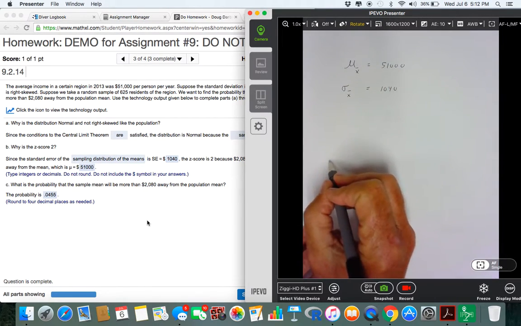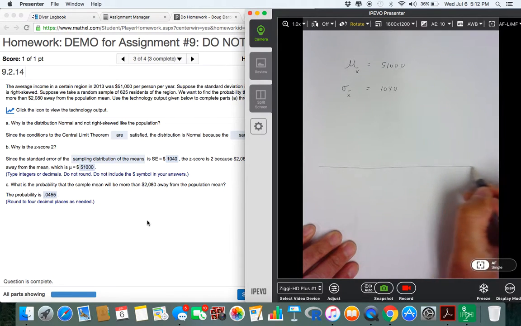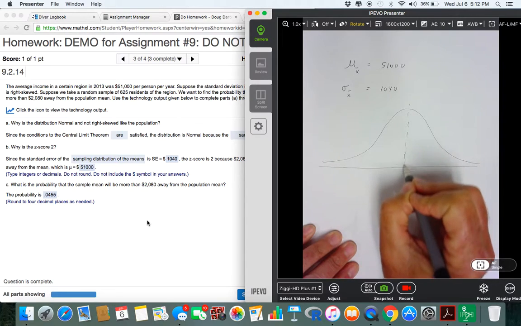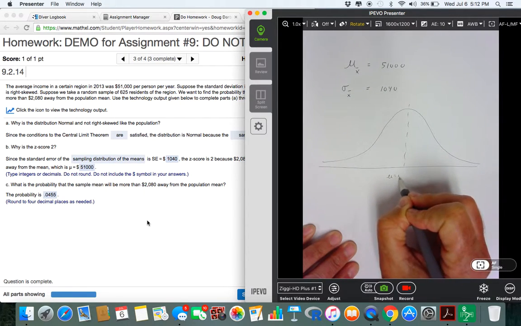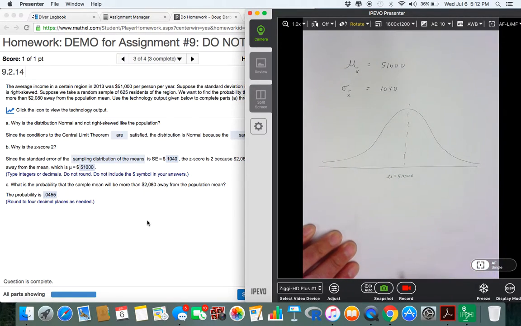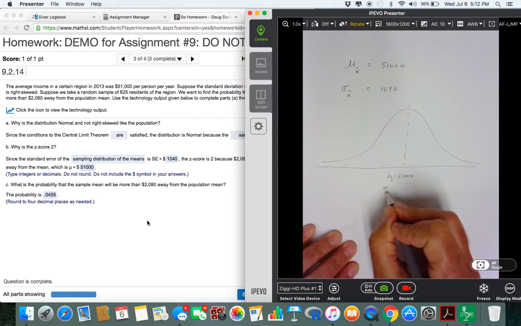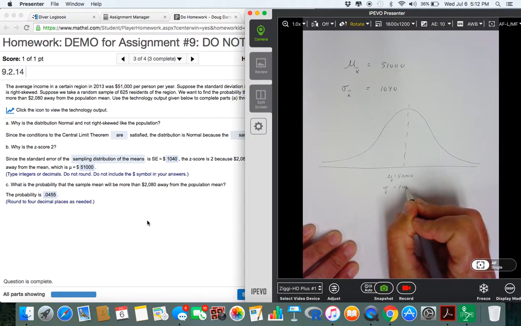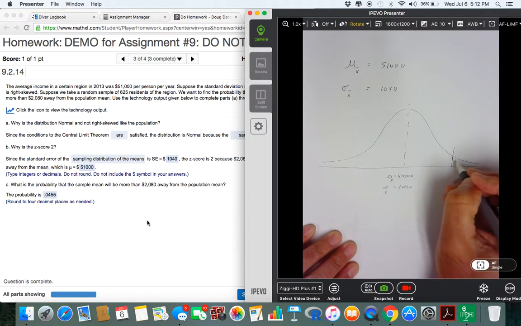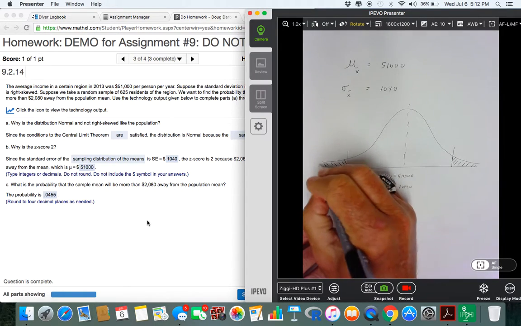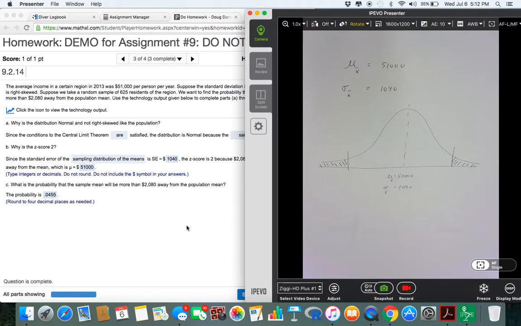What we want to know is in our distribution, with a mean of 51,000 and a standard deviation of 1,040, what is the area more than 2,080 away from the mean?